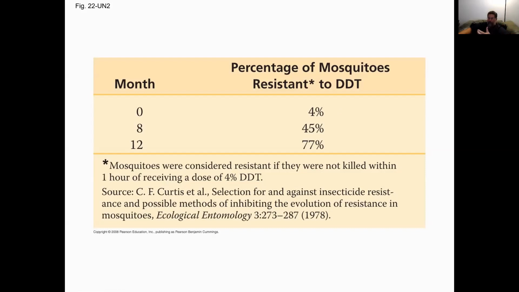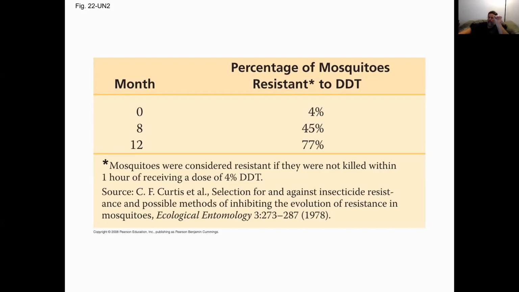They had something in their genes that gave them the trait that gave them more resistance. They survive, they reproduce. What do we see 8 months later? Almost half the population shows resistance to DDT. What do we see in 12 months? 77% show resistance to DDT. This is massive. This is evolution.